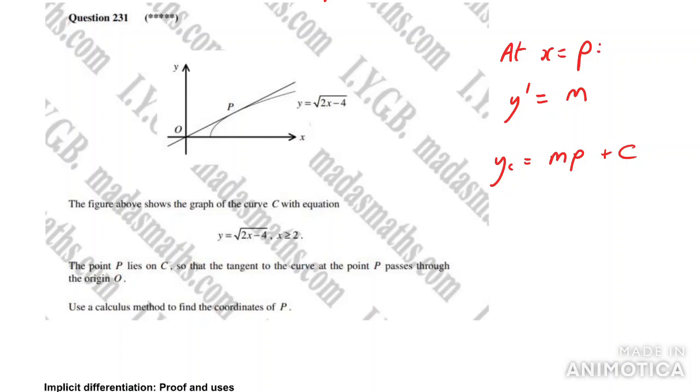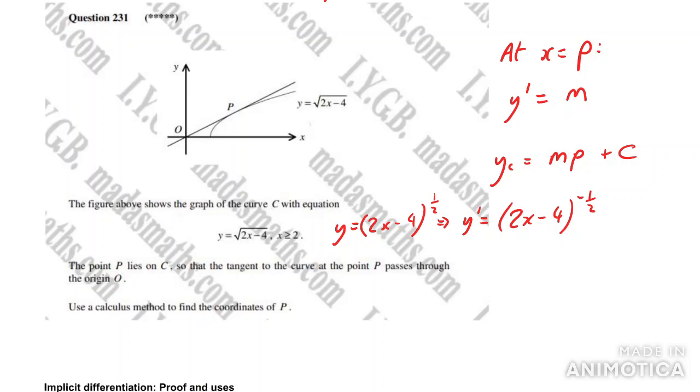Well, y is equal to (2x minus 4) to the half. And so y dash is going to be 2 lots times a half, so actually just 1 of (2x minus 4) to the minus a half.